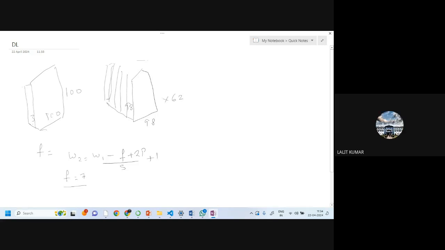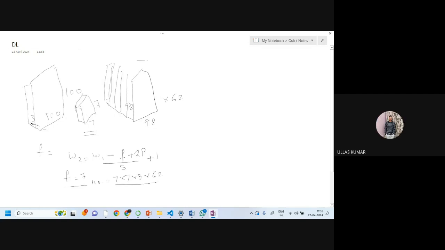So when this is 7, जो filter हम लगाएंगे this 7 है, उसमें inherently ये जो 3 होता है, this 3 becomes a part of it. And this happens 62 times. So when we calculate the number of parameters, it will become 7 into 7 into 3 into 62.